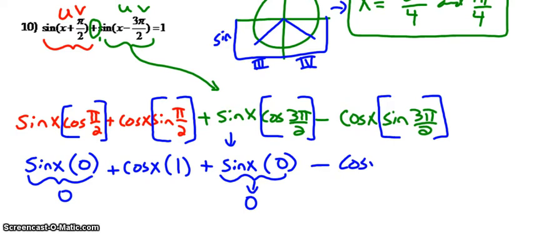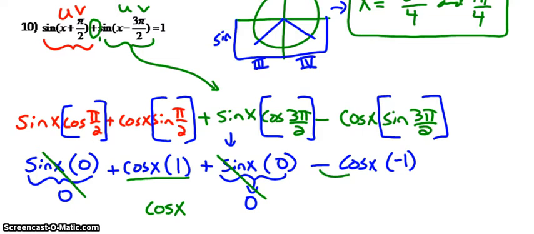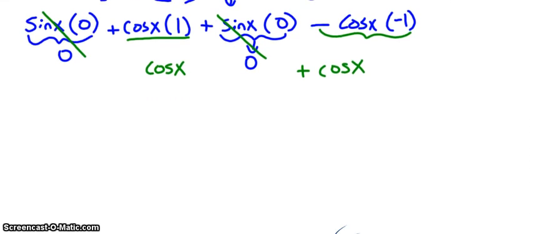And cosine x and sine 3 pi over 2 gives me a value of -1. With the cancellations of the zeros, I now have cosine x times 1, which is cosine x. And I have a negative cosine x times -1, which will give me a positive cosine x. That results in two like terms.